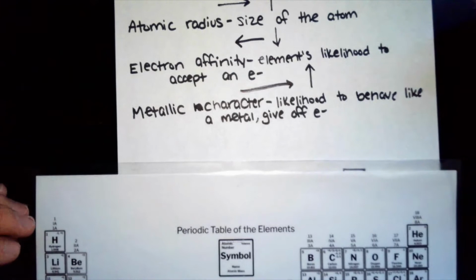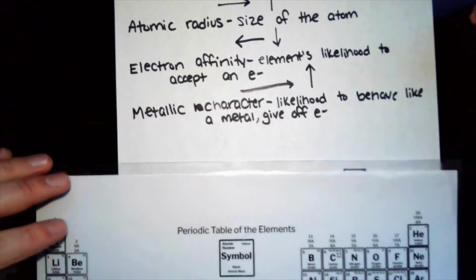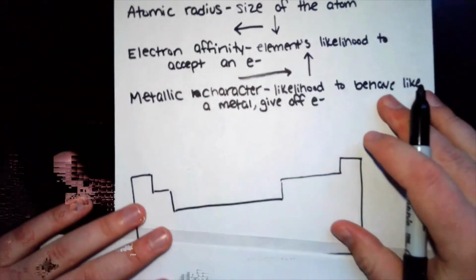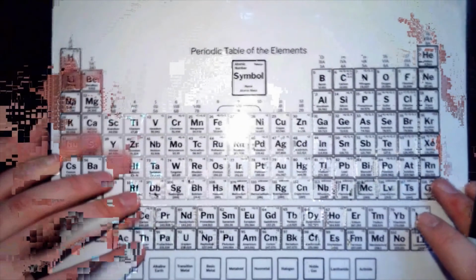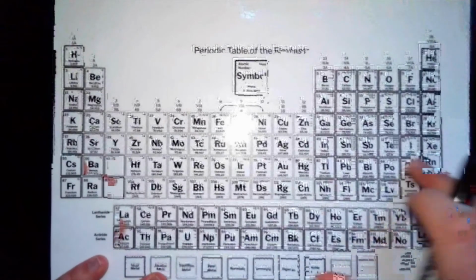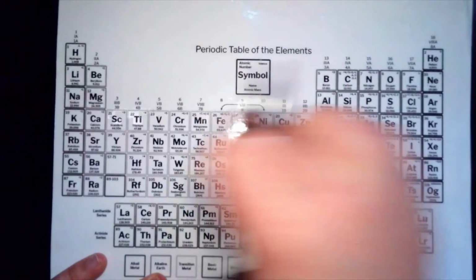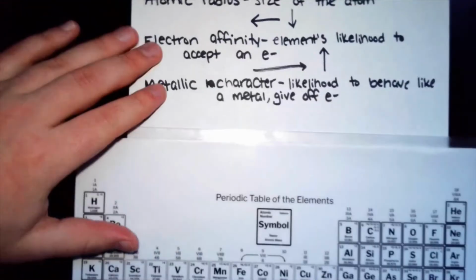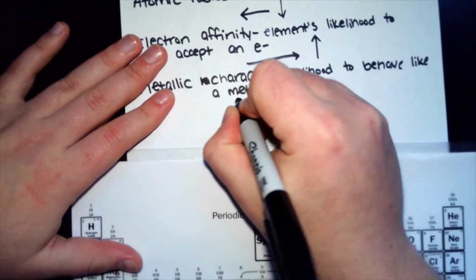So a low ionization energy means it's an element that is very readily able to behave like a metal and give off its electron. So looking at a periodic table, as you go from right to left, from the nonmetals to the metals, hopefully it makes sense that the metallic character would increase going right to left.